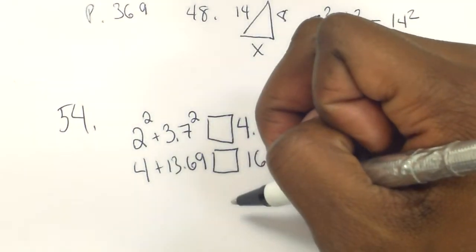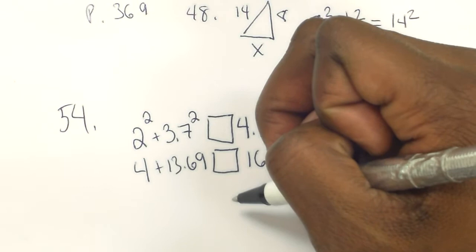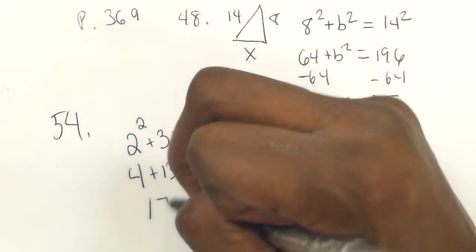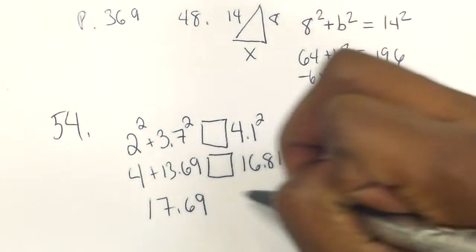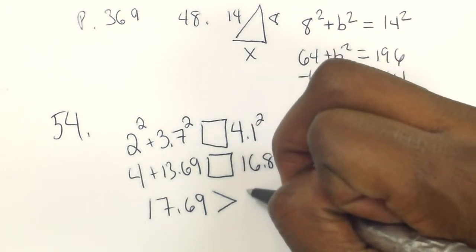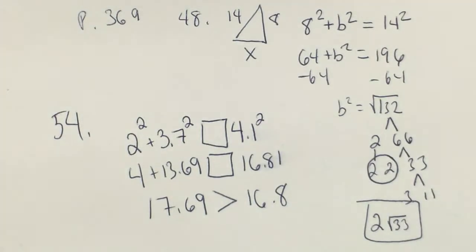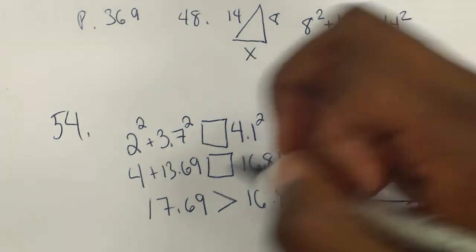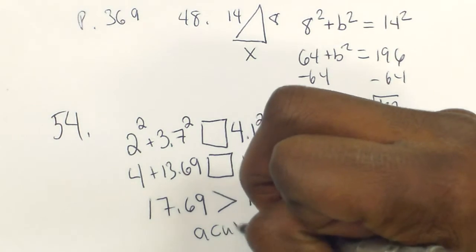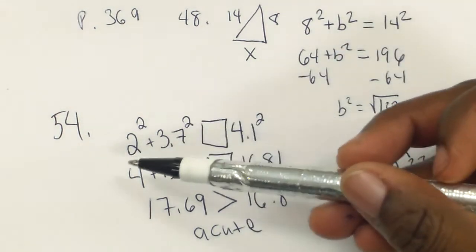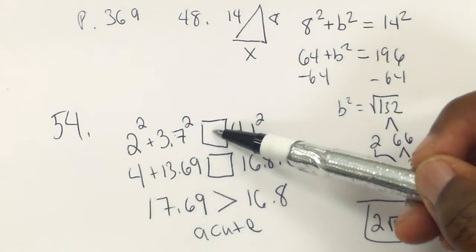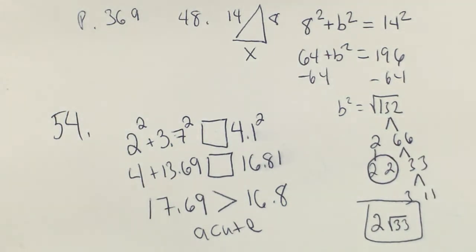When I add the 13.69 plus 4, I get 17.69. And so I know that's greater than 16.81. And so that means that this triangle is an acute triangle. Why is it acute? Because a squared plus b squared is greater than c squared, so it's an acute triangle.